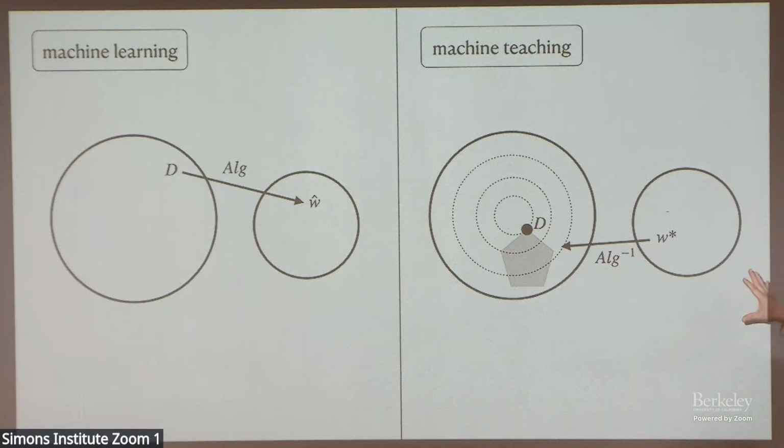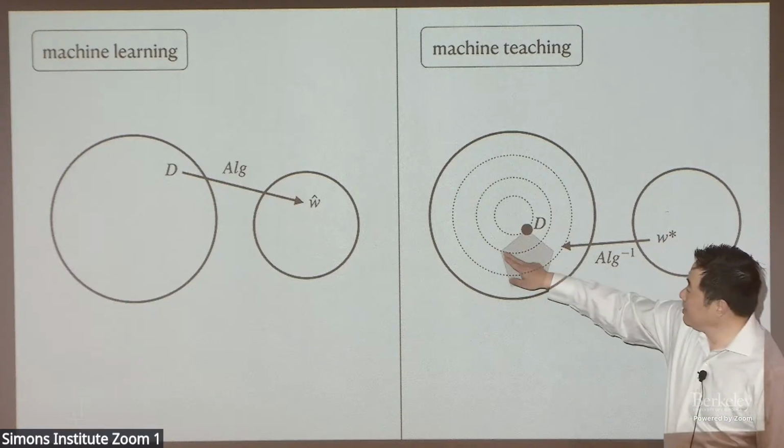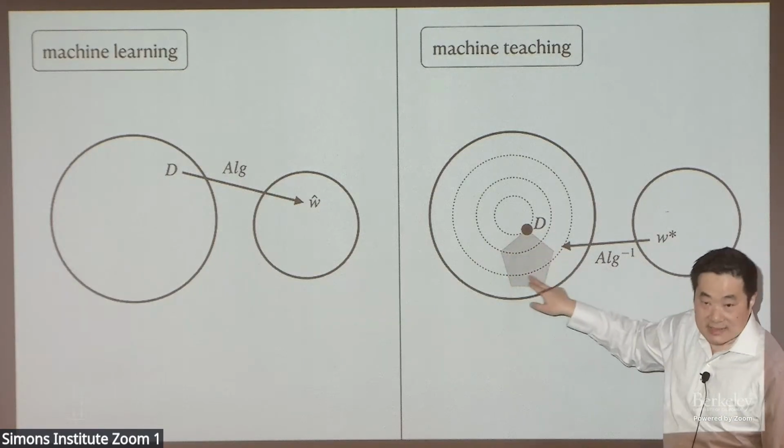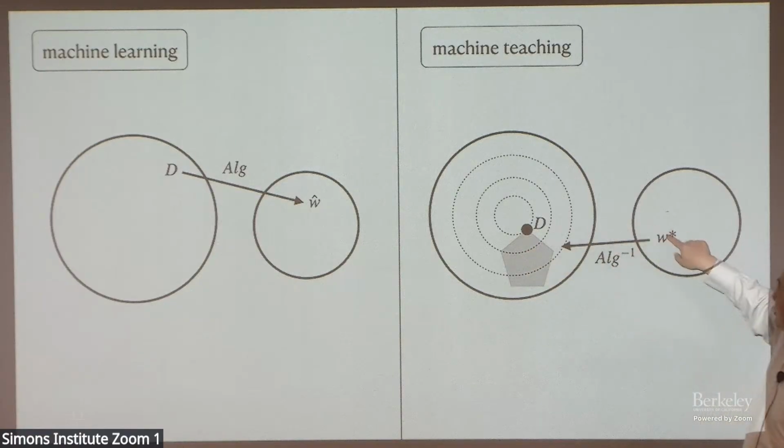Machine teaching is really the inverse problem. We start with a target model w star. This could be the true model, as I was saying, or it could be an adversarial target, an especially bad model, it doesn't matter. And we know the algorithm, so we're interested in the inverse of this algorithm that looks for the set of training sets, each one of which, if you use the algorithm, will go to w star.